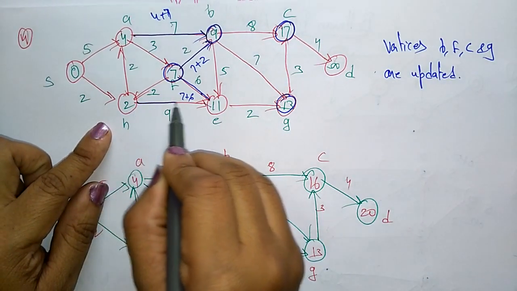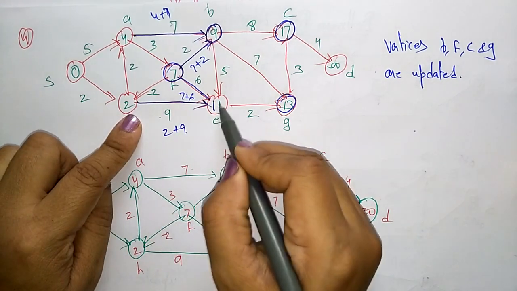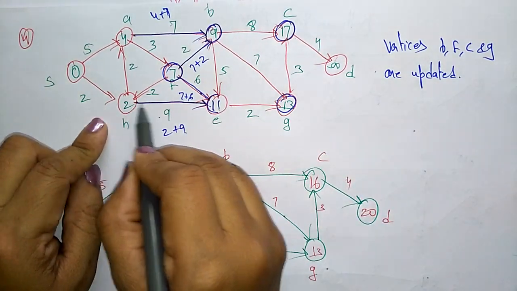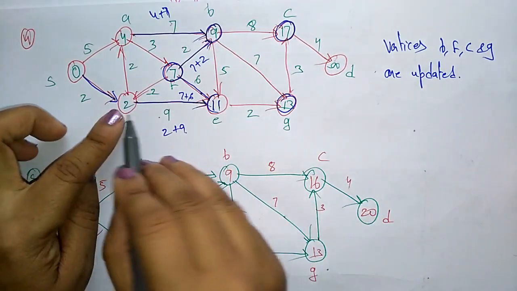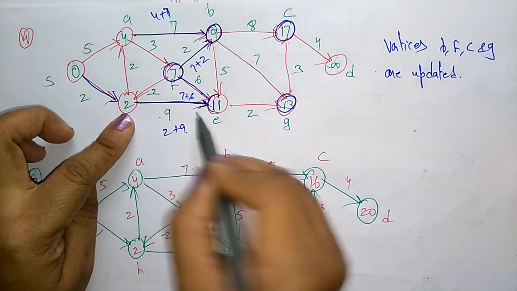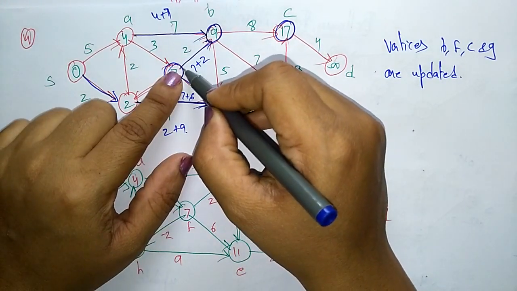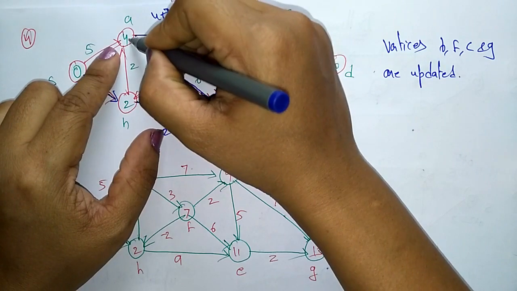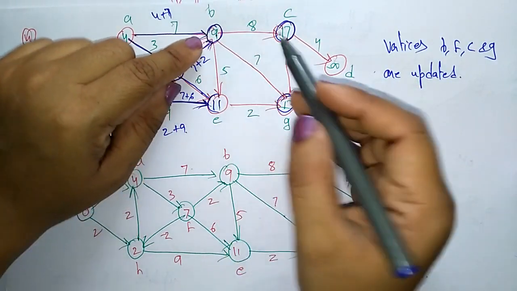Now check here, 2 plus 9, we get 11, so this path is okay. So 0 plus 2 is okay, and 2 plus 9 is okay. And coming to here, 7 plus 2 is 9, and 4 plus 3 is 7, so this path is also okay.